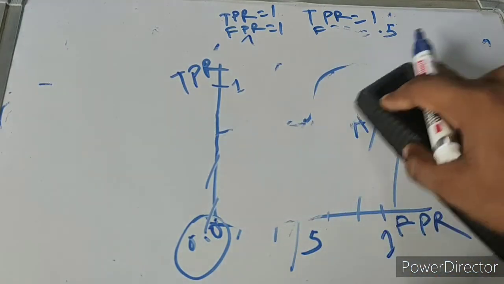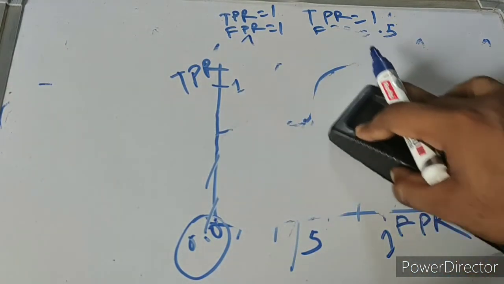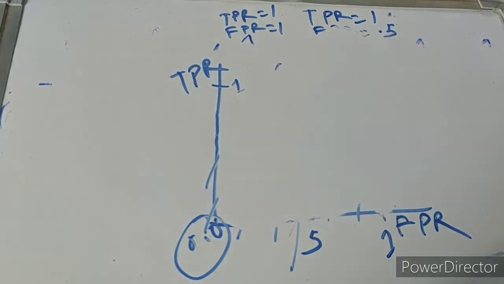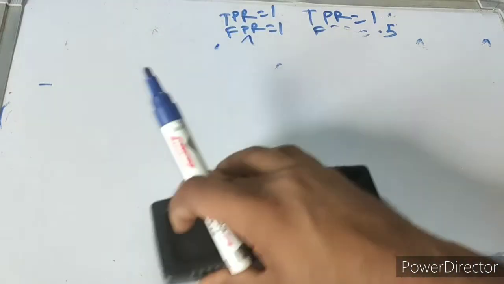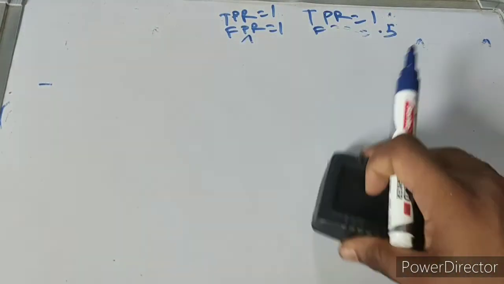Now I believe you must have understood what the ROC curve and AUC are. Now the question is how to represent the value so that a domain expert can understand this ROC curve and identify what they should choose.